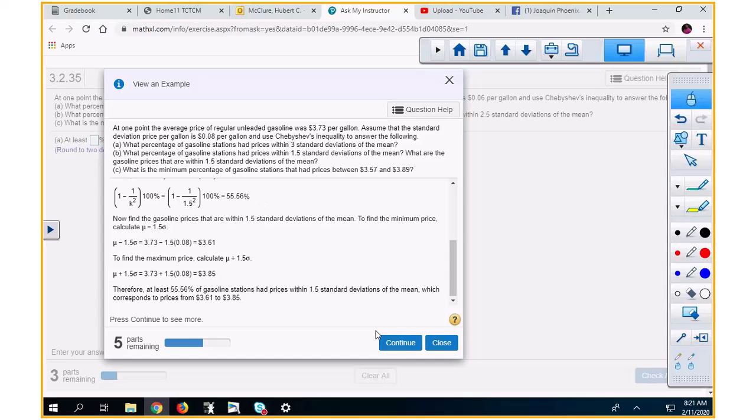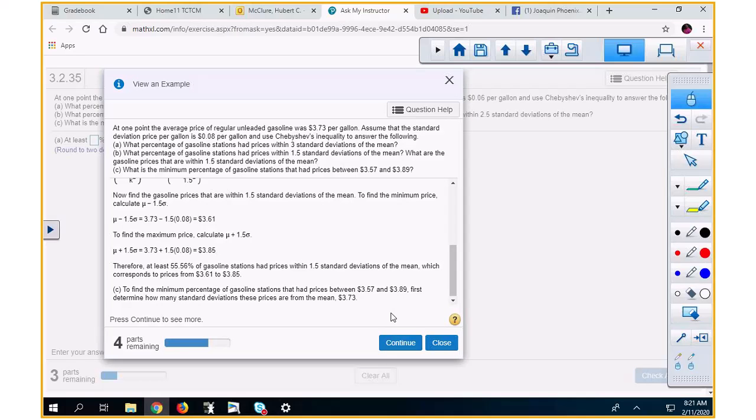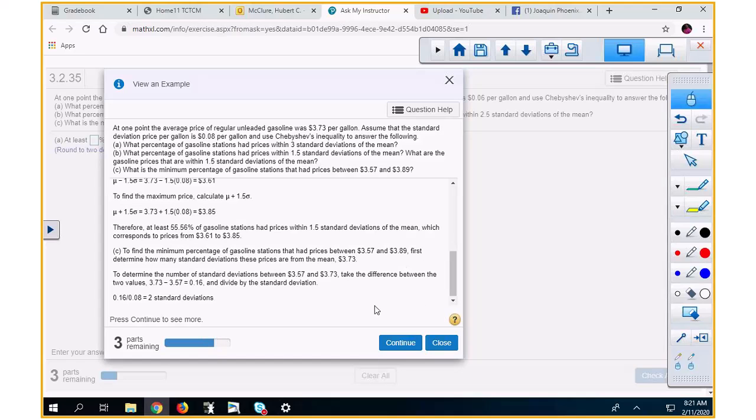All right. So anyway, next, and this is where you're going to set it equal. And this says to find the minimum percentages of gas between 3.57 and 3.89. Then you're going to set equal. To determine the standard deviations, you take the difference between the two, and that should be 0.16.